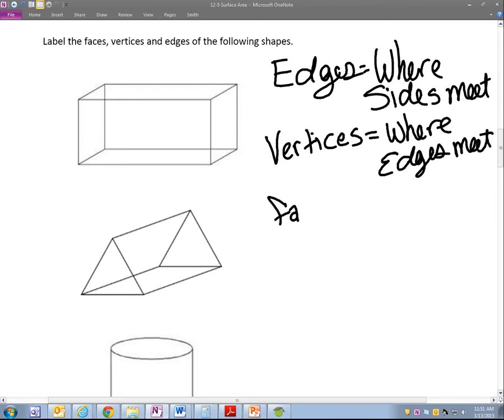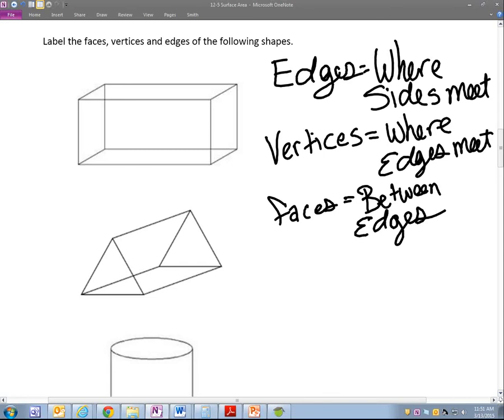Faces are between edges. Edges are where sides meet. Vertices are where edges meet. Faces are between edges.